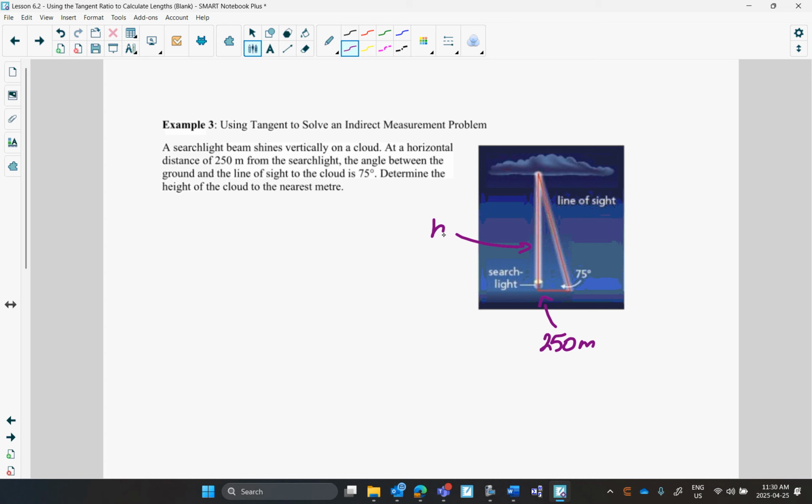What do I start with? Yeah. Then tan 75 degrees equals the opposite side, which we have called H, over the side adjacent to 75 degrees, 250.